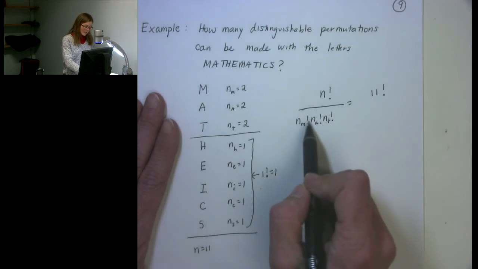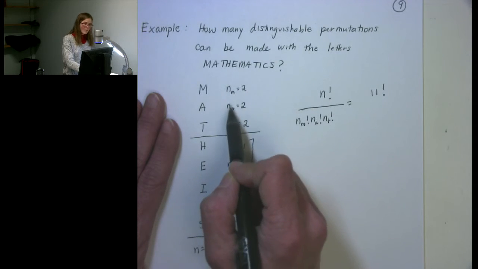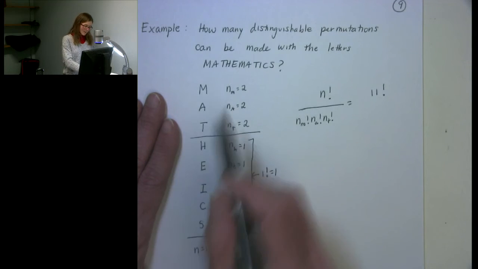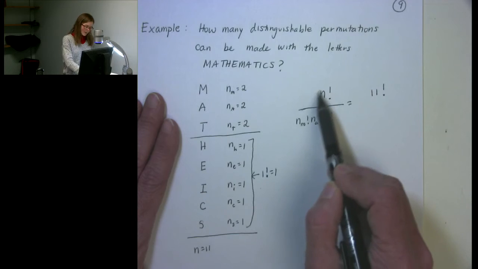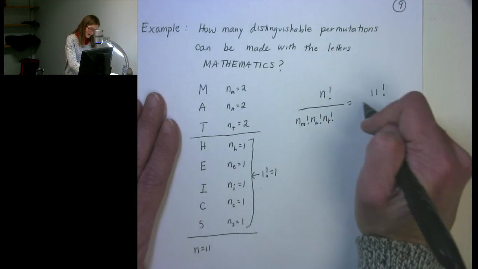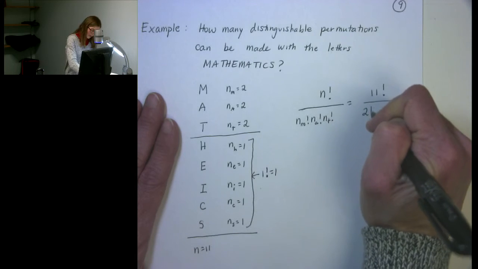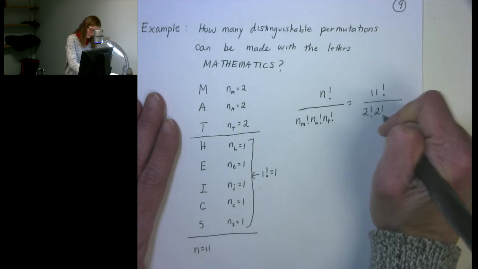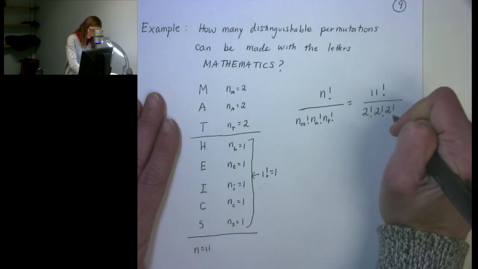So what I really need to do is go through and say, okay, which of these types have more than 1 of them? It's the M, the A, and the T. And I need to take my total number of letters and divide by how many M's I have, 2 factorial, times how many A's I have, 2 factorial, times how many ways I can permute the T's, 2 factorial.